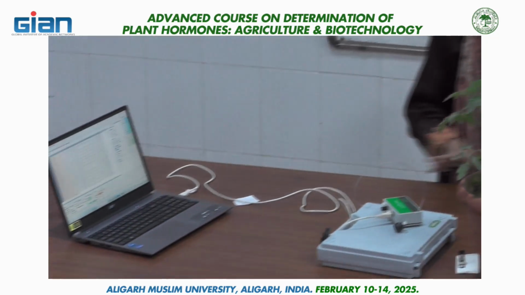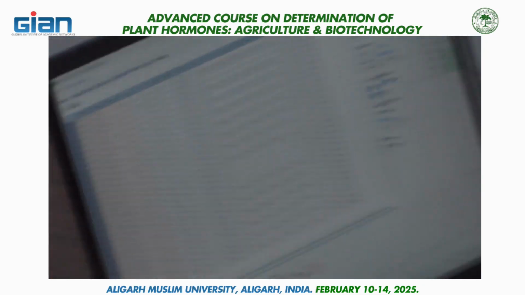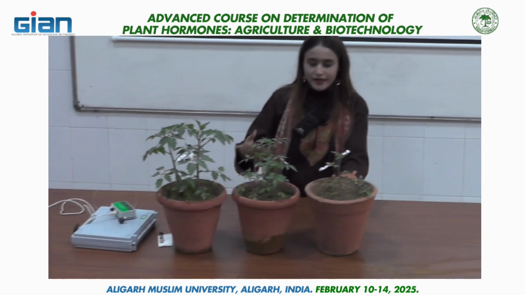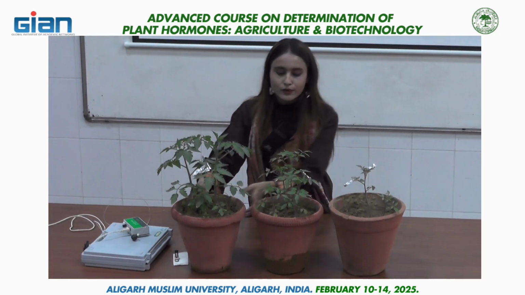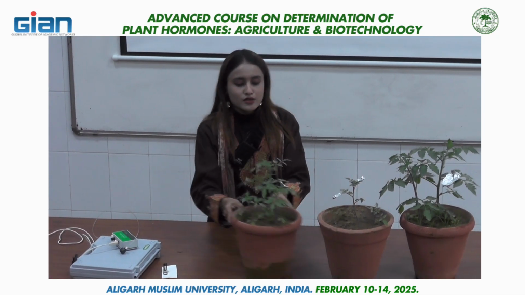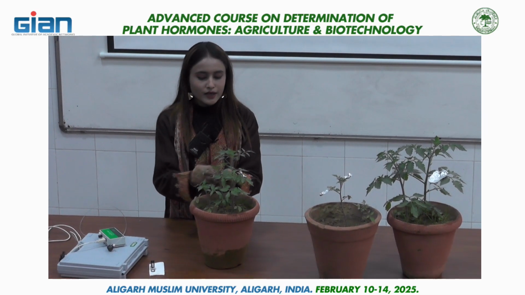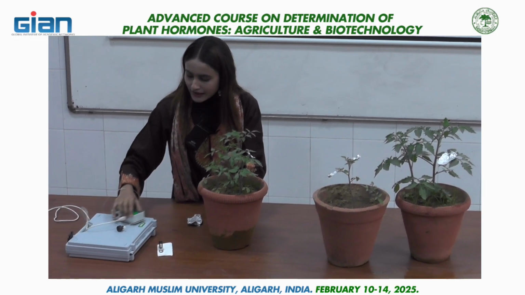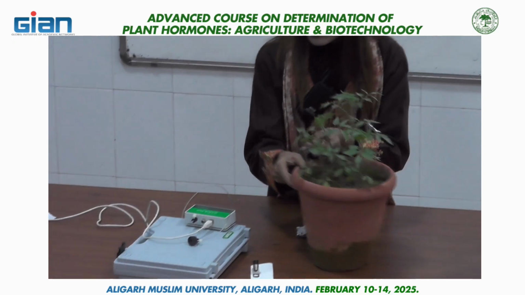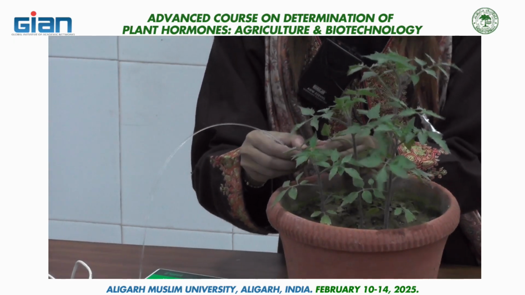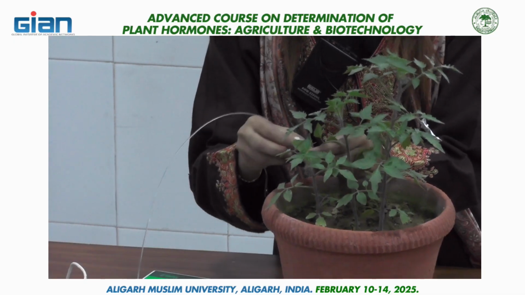These are tomato plants. This is hormone treated plus stress. This is control, and this is stress. Now we are going to study what alteration we get. So firstly, we'll study the control set. In the control set, we are going to remove this foil and gently put this clip.